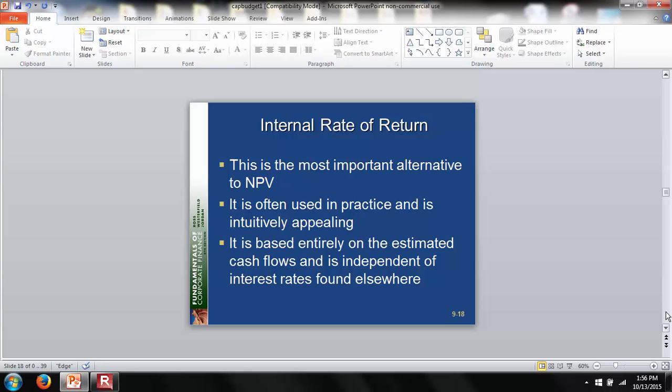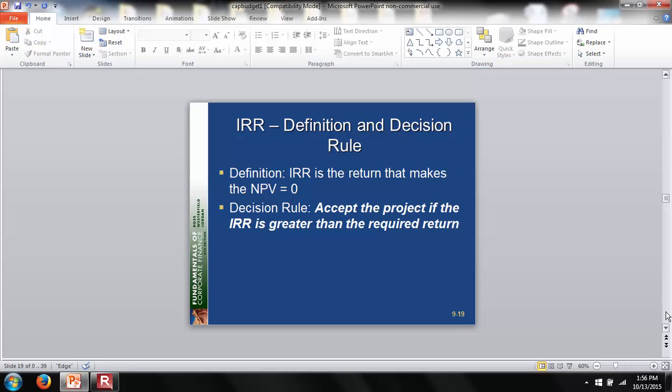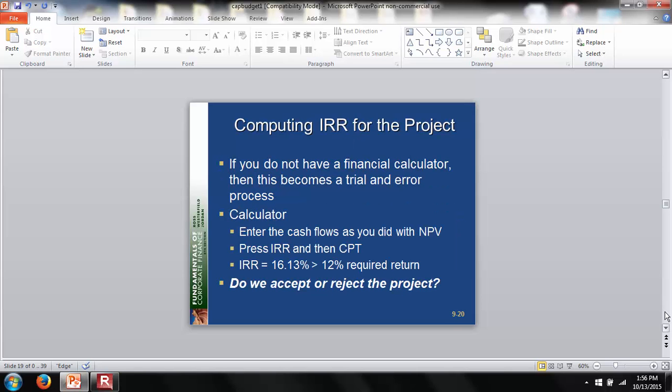So at an interest rate of 15%, the NPV is going to be 0. IRR is the return that makes the NPV equal to 0, or the break-even interest rate. And here, what is the decision rule? The decision rule is accept the project if the IRR is greater than the required rate of return.